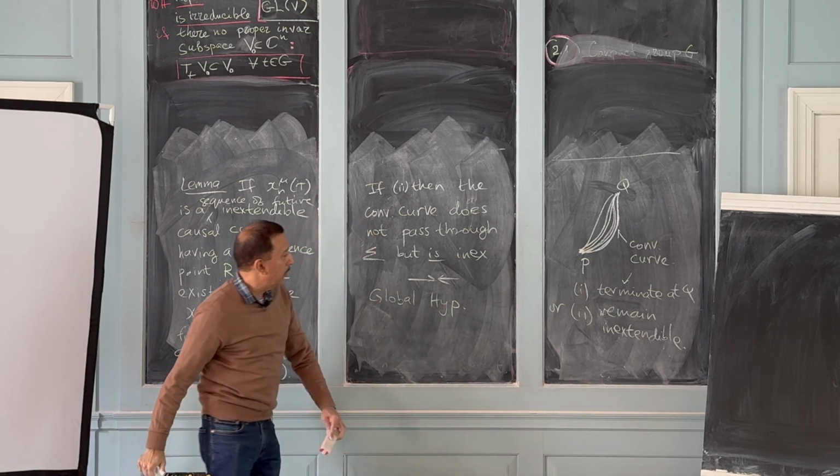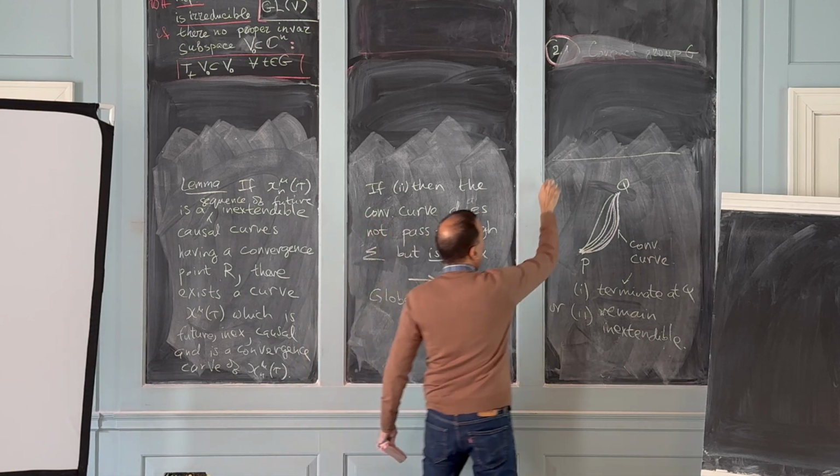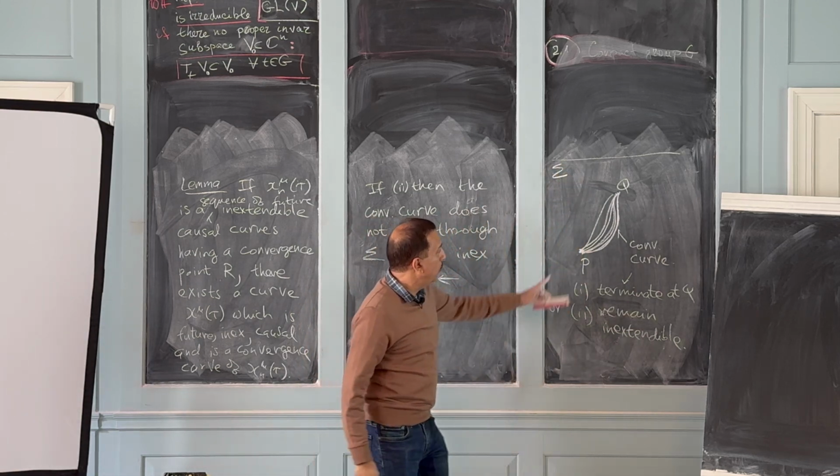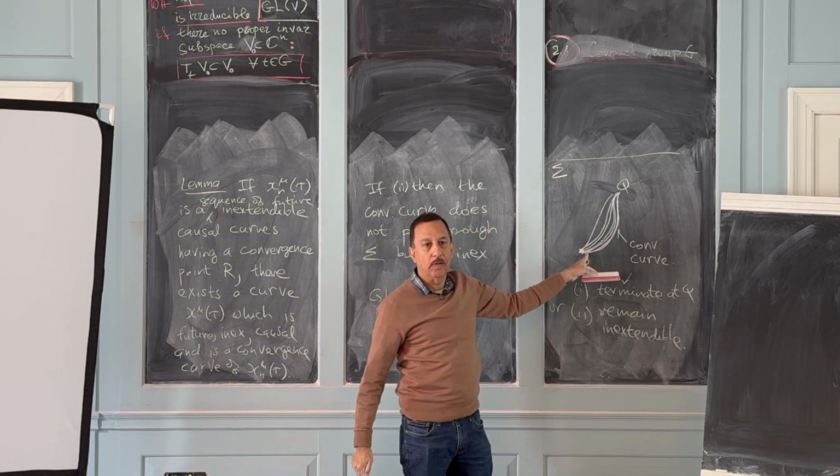Because global hyperbolicity says that every inextendable curve better pass through the Cauchy surface. And in this example, I took both P and Q to the past of the Cauchy hypersurface, with Q in the causal future of P.